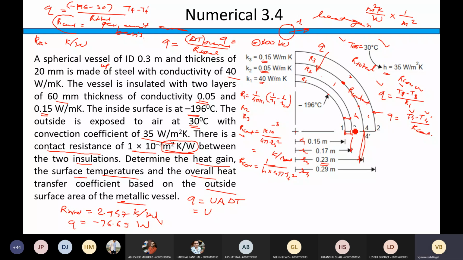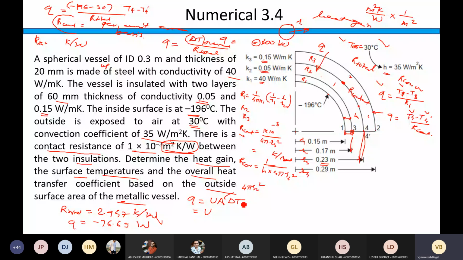This one, outer surface of the vessel, correct? So you have to take this area 4 pi R2 square, and the temperature difference is overall temperature difference. Your 196 minus 30 degrees C, and Q is known to you. So this is how we will find out the overall heat transfer coefficient U. Clear?